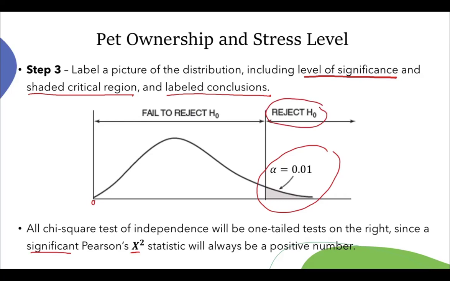Eventually we are going to have a p-value. Any p-value that is smaller than alpha, for example, is going to be significant. And if we have a significant p-value, it means we can reject the null hypothesis. It would also mean that our chi-square value falls inside this critical region. If the p-value is bigger than 1%, then we fail to reject the null hypothesis.